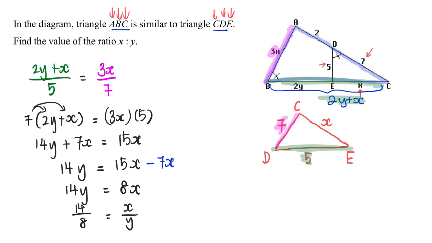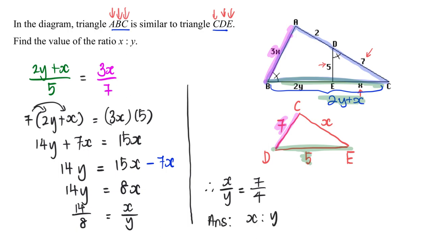And therefore finally, since x over y is equal to 14 over 8, simplest form would be 7 over 4. So the answer of x to y will be 7:4.